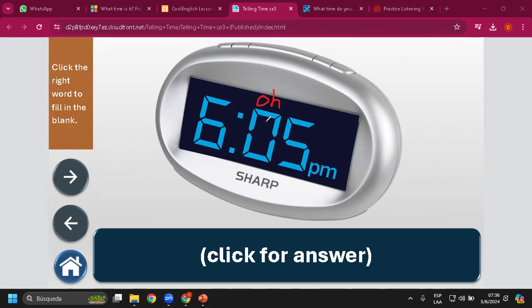We say O. That is the way that we pronounce the 0. So remember that, everyone, in the easiest form, if it is a 0 before, the 0 sounds like an O. It's 6:05. That will be the easiest form.